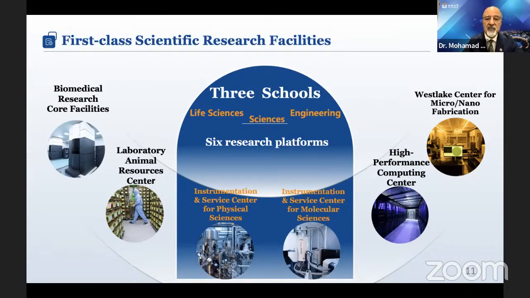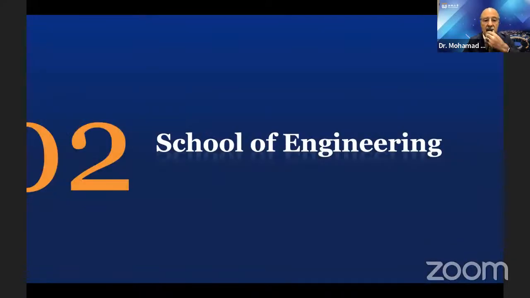We talk about 6 research platforms: biomedical research core facility, animal lab research center, high performance computing, center of micro and nano fabrications, instrumentation and service center for physical science, and service center for molecular science. So this gives you an idea of the main topic here.